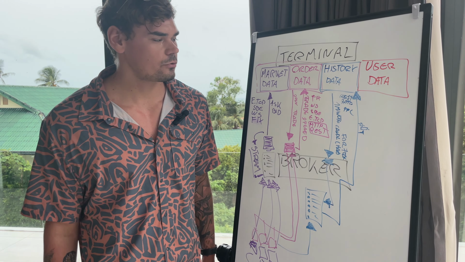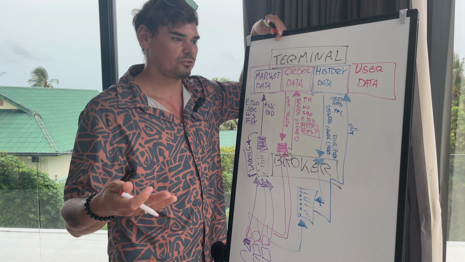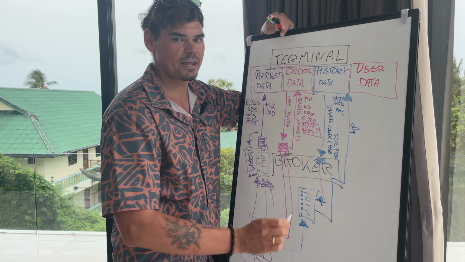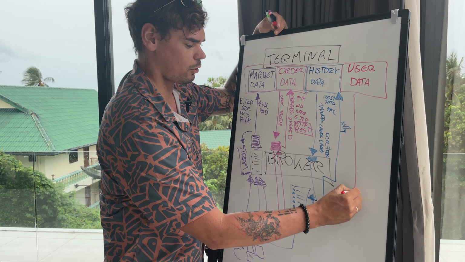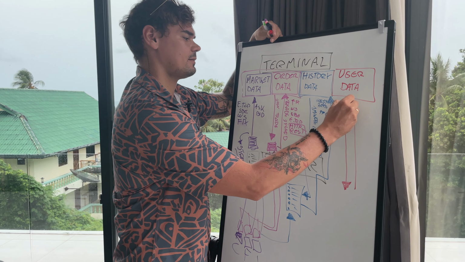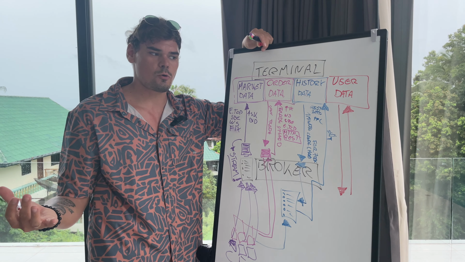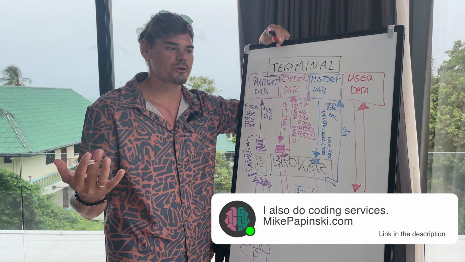I hope that makes sense. Every interaction with the broker, like deposits, withdrawals, and changing accounts, goes through the user data service, and it's still request-response. But you may wonder, what happens when I have a margin call?